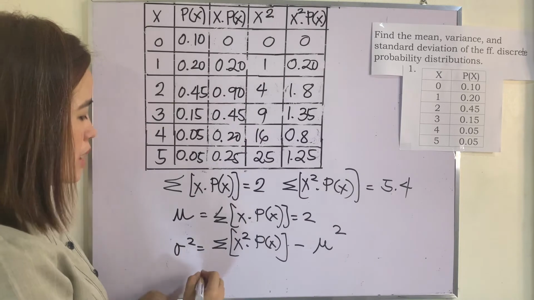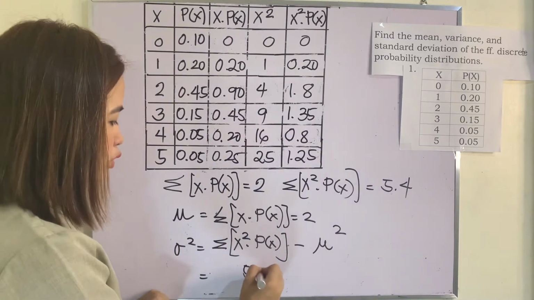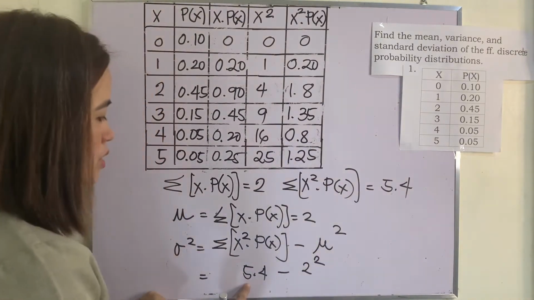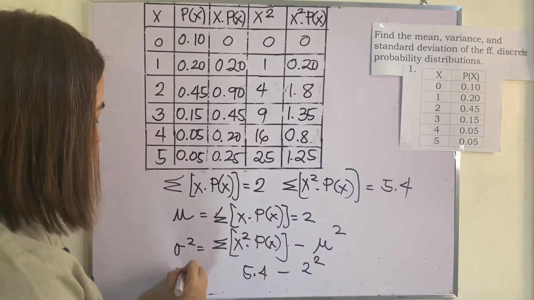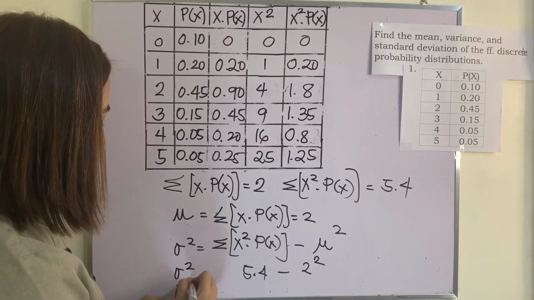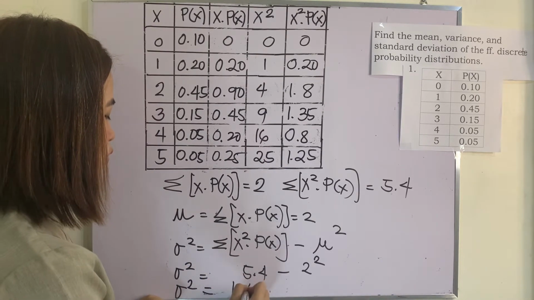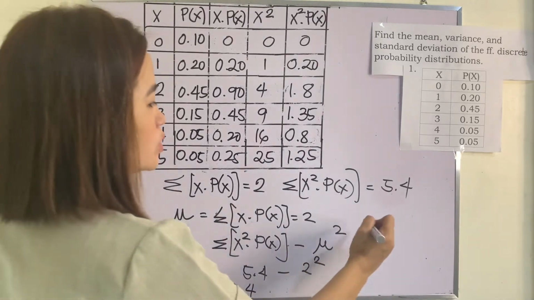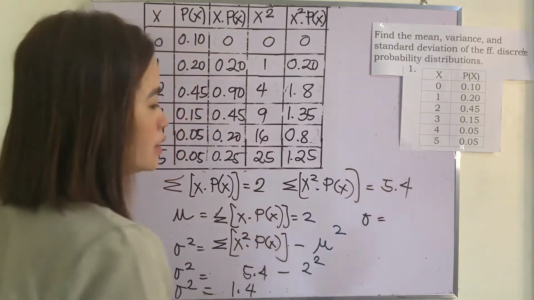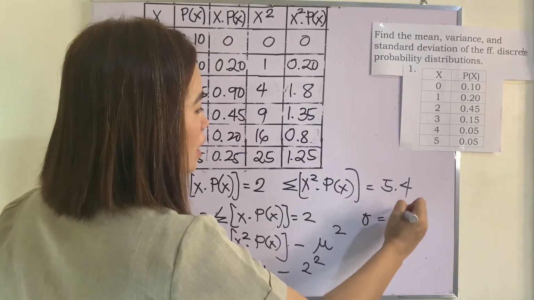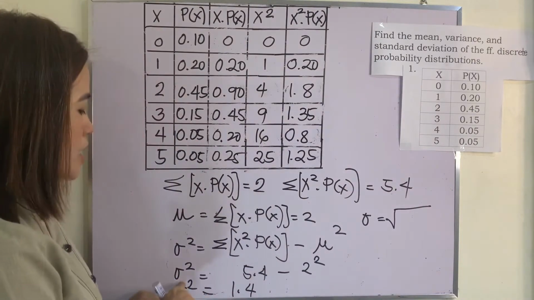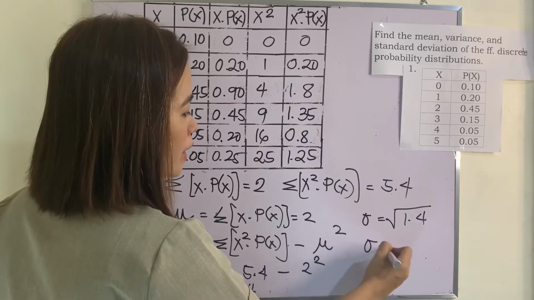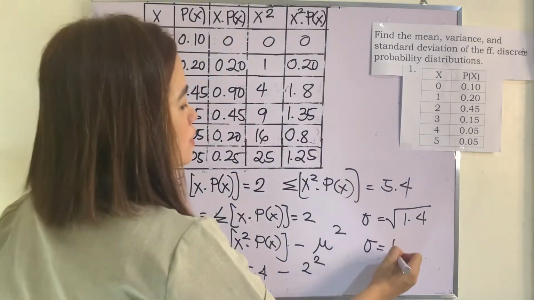This is sigma squared. We have 5.4 minus 2 squared. So 2 squared is 4. 5.4 minus 4 is 1.4. Our variance is 1.4. Now, to get the standard deviation, you just get the square root of this. Square root of 1.4 is, using a calculator, 1.18.